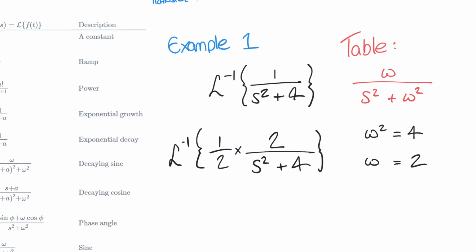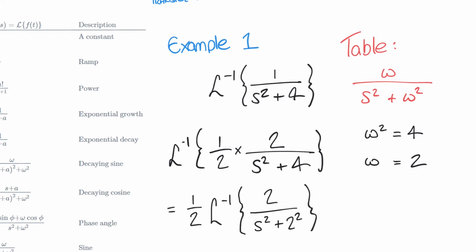And when we apply the inverse Laplace transform, if you remember from our previous video, we're allowed to pull coefficients outside of the Laplace transform, and it's the same here with the inverse Laplace transform. We can take this half outside of the inverse Laplace transform, and so now we have a half times the inverse Laplace transform of 2 over s squared plus 2 squared.